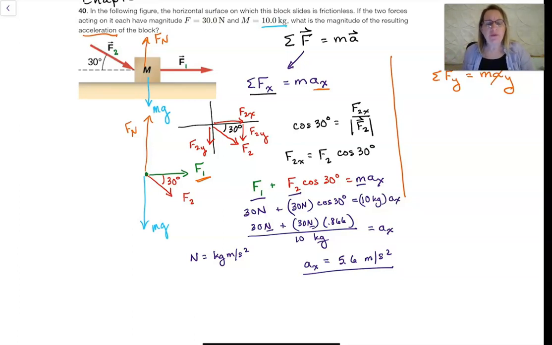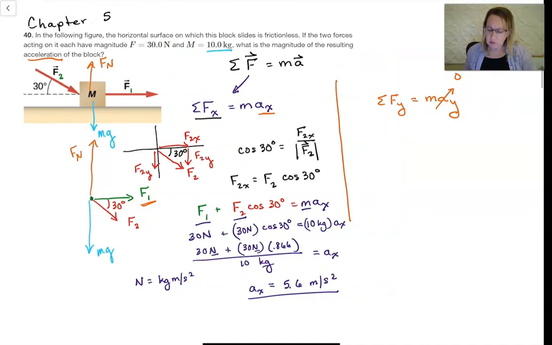But we can go one step further and learn a little more just by looking at what's happening in the y direction. I think it's instructive. Remember, our acceleration in the y direction is 0, but we can add up our forces in the y direction. Those are the normal force up minus mg, but that's not all. Notice that we have this little piece, F2y, which is opposite that angle.